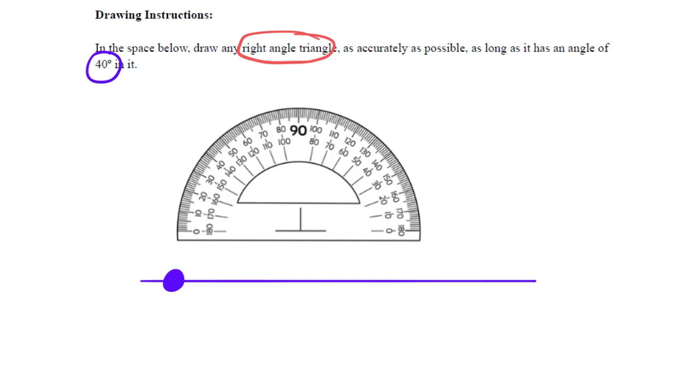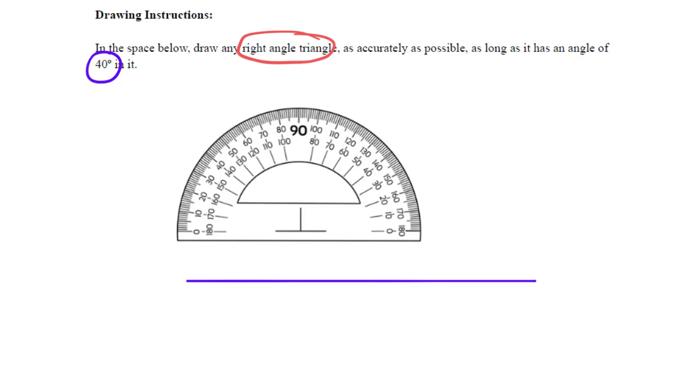Remember, I'm trying to line up that little T, that intersection, exactly on the vertex of my triangle. Because my purple splotch is so big, I lose accuracy. So what I want to do is minimize how big I draw that.